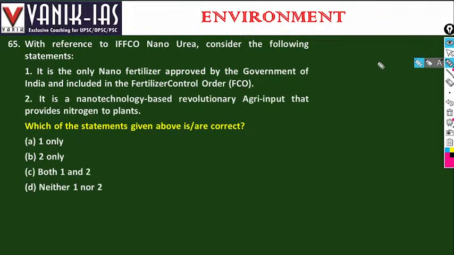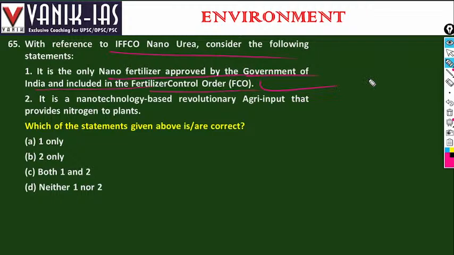With reference to the IFFCO nano urea, consider the following statements. It is the only nano fertilizer approved by the government of India and included in the Fertilizer Control Order. That is IFFCO nano urea. Yes, it is the only nano fertilizer approved by the government of India and included in the Fertilizer Control Order.